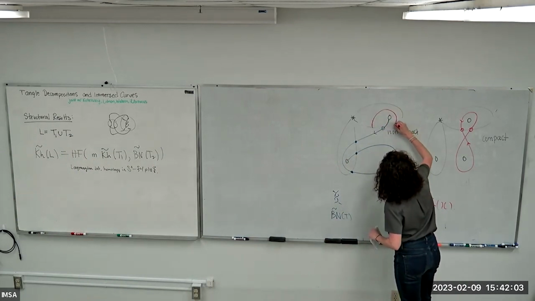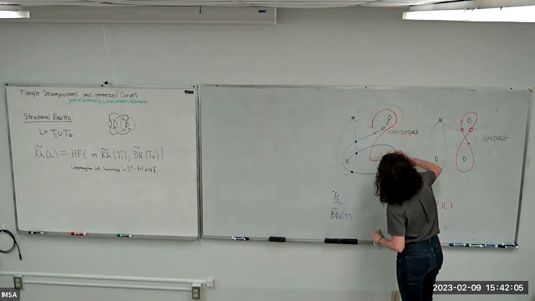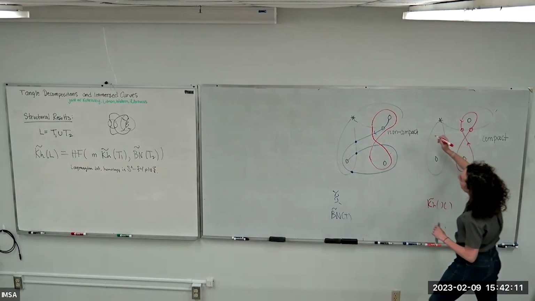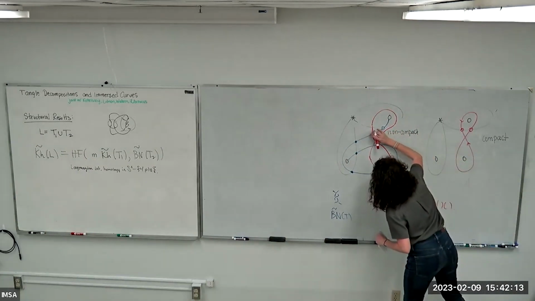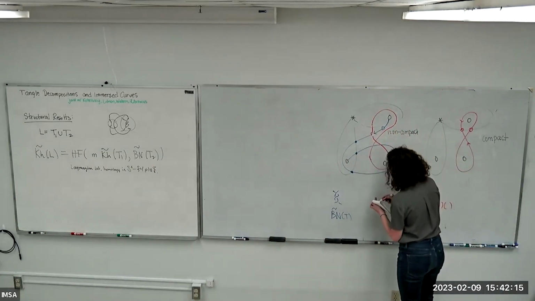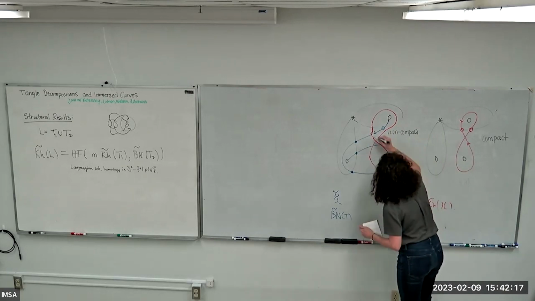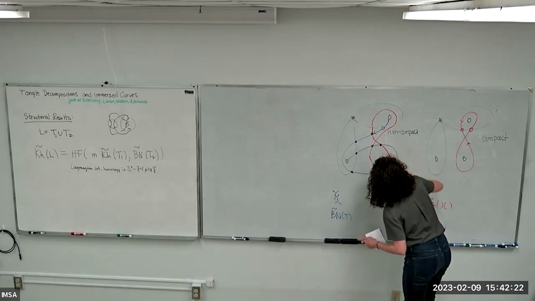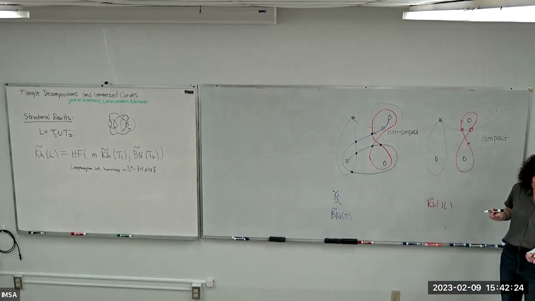Oops, that needs to go around the puncture. This is all up to regular homotopy. So these intersect here. Choose different colors of red. These intersect here, here, here. So at least we get the correct rank calculation for the trefoil.